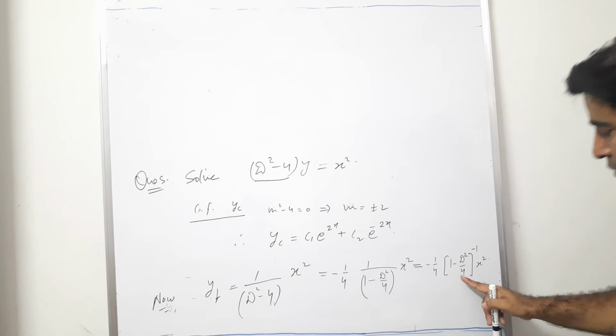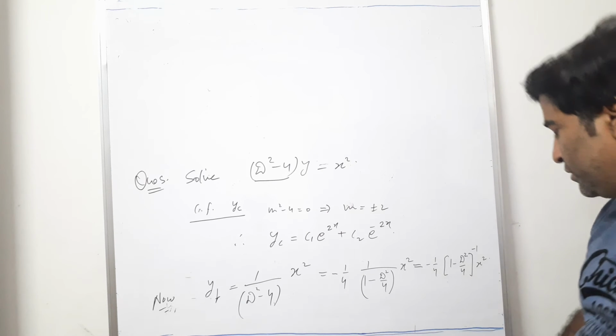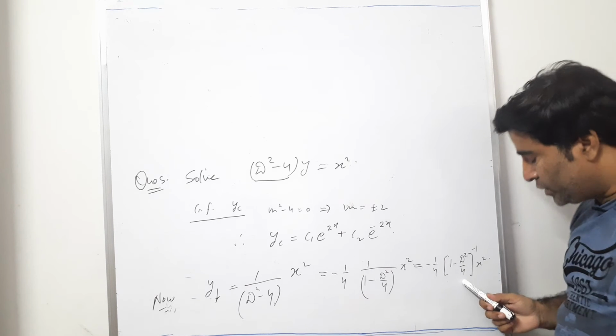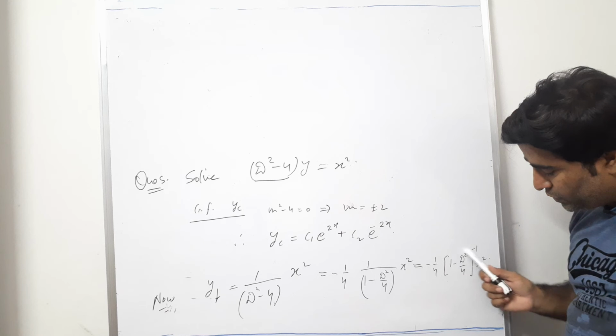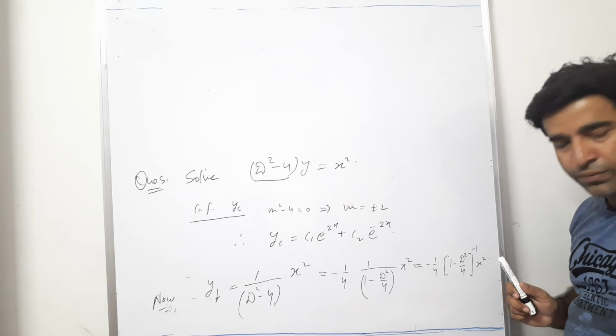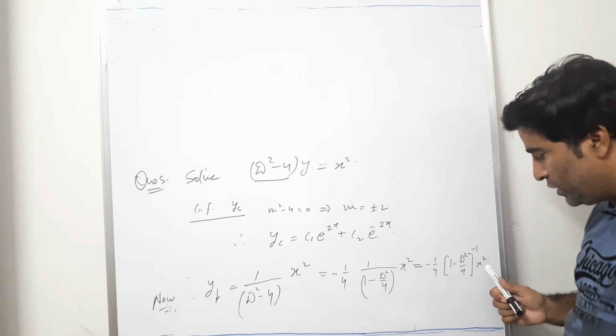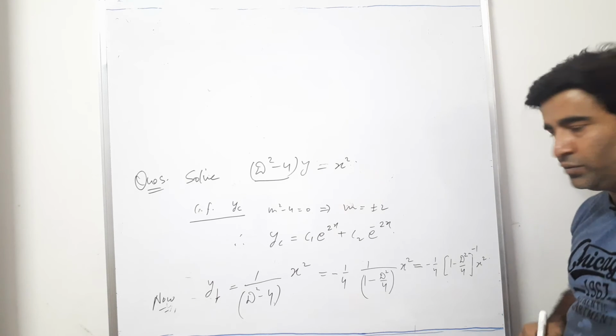Here we can easily use the binomial expansion, and we extend the expansion up to the highest power of D, which is 2, because we have here a polynomial of degree 2.